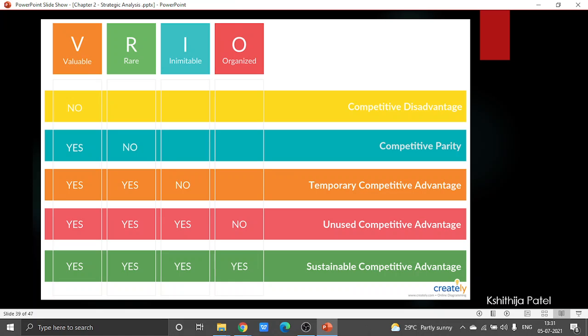And the final element is where everything is positive: the resources are valuable, rare in nature, cannot be imitated by competitors, and the organization is also organized. That is the stage which can bring sustainable competitive advantage for the organization.